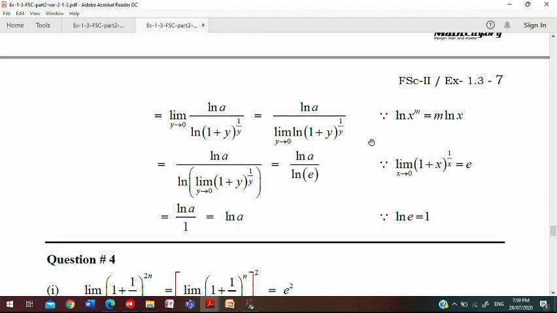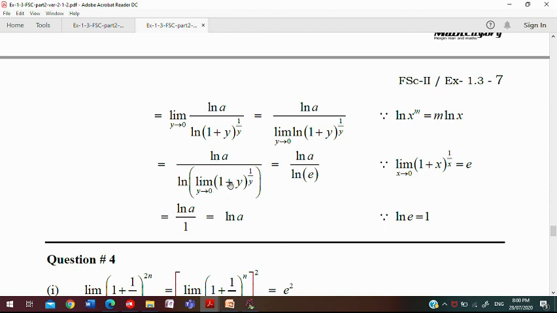Look at the property: we can write log of x^m like m into log of x. So limit y approaches 0, log of (1 plus y) power 1 by y. Now log a divided by log of the limit y approaches 0 of (1 plus y)^(1 by y).